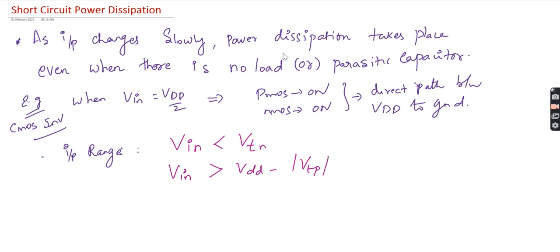In this case, short circuit power will take place. So during this time only both PMOS and NMOS are on. That is what I said earlier.